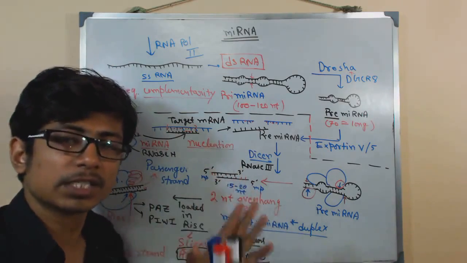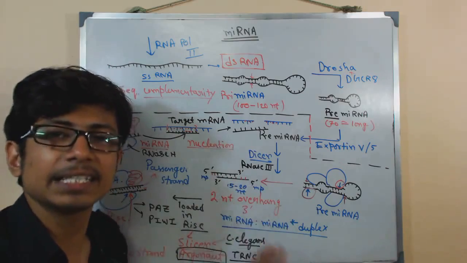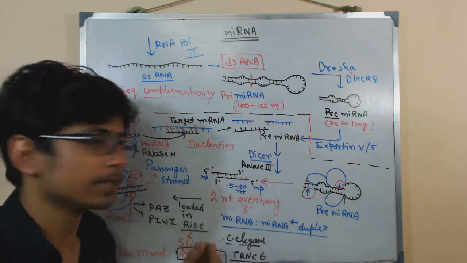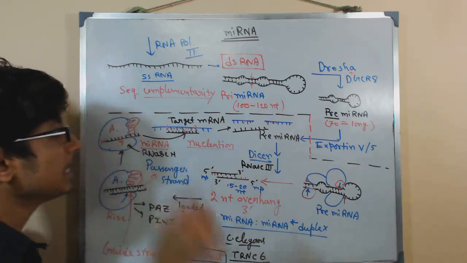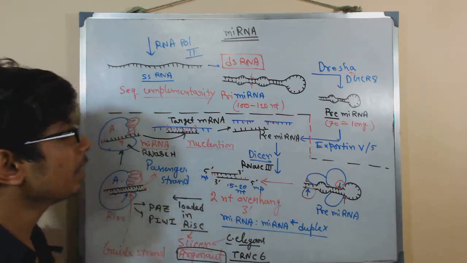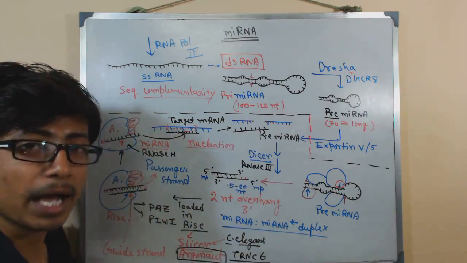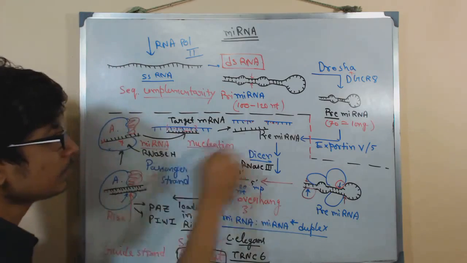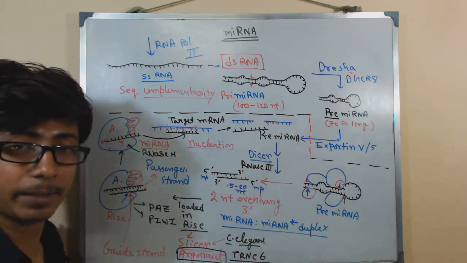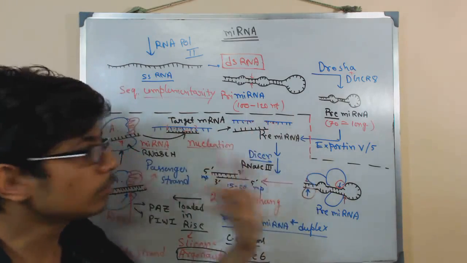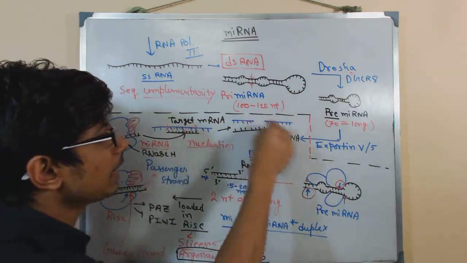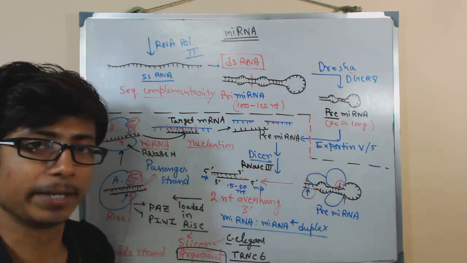They attach with the first 3 to 4 nucleotides, then they elongate the attachment, and then they cleave it. Because Argonaute is an RNase H type, they recognize double-stranded RNA but break down only the target mRNA, not the guide RNA there.